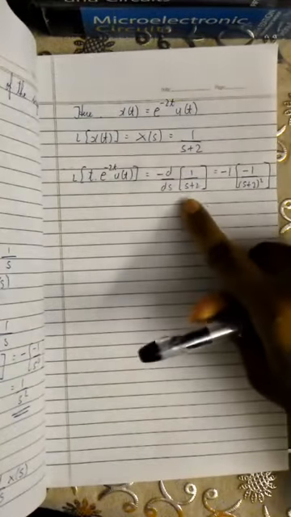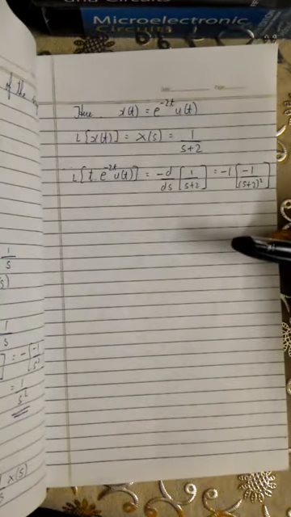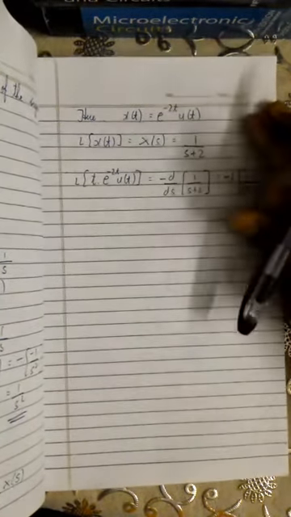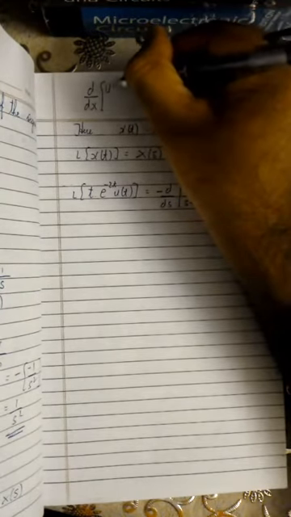Agreed. We have to learn some basic differentiation properties to do these kinds of problems. If you are not familiar with this property, simply memorize this equation, that is d by dx of numerator by denominator. Let numerator be u of x and denominator be v of x. I think all of you know this equation.